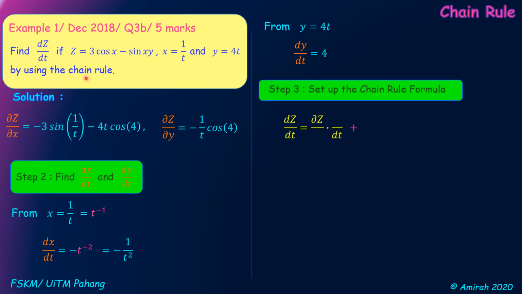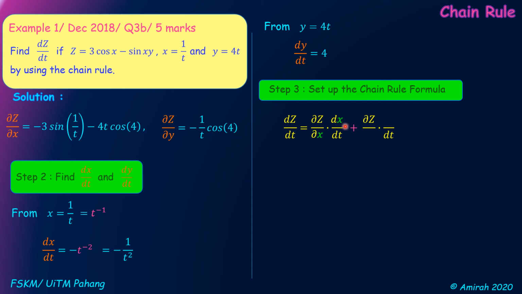Alright, now we want to find dz over dt. So to set up the chain rule formula, first the numerator should be del z. We have two pairs of multiplication of derivatives here because we have variables x and y. In between must be plus. And then between derivatives must be a multiplication operation. And then we have variables x and y.